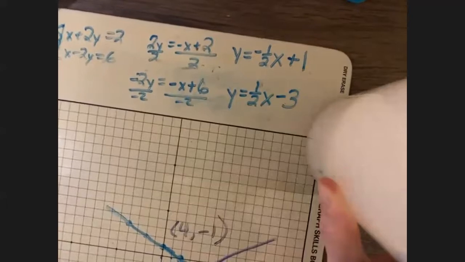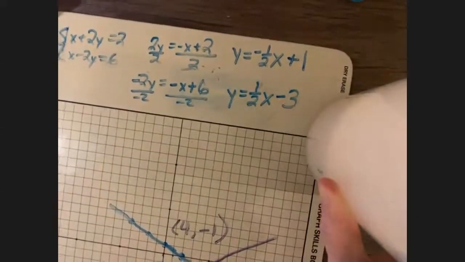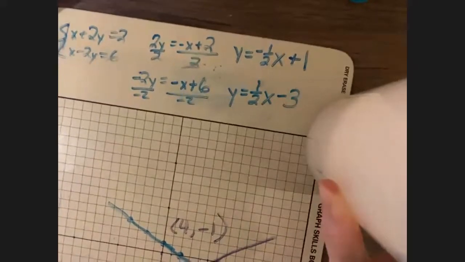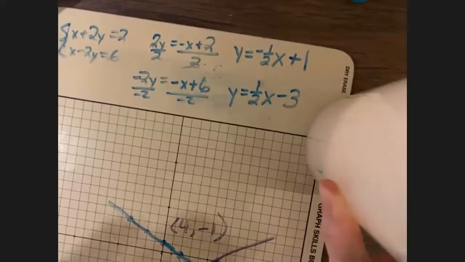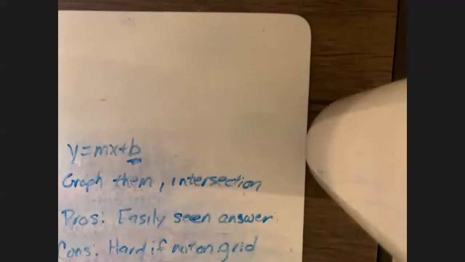So you have that option. So that's graphing. Like I said, visually it's great because I either see it or I don't, but we've already talked about some limitations to it.